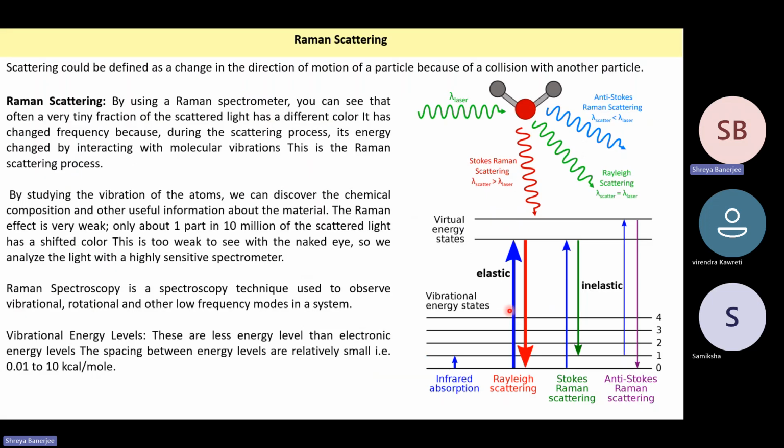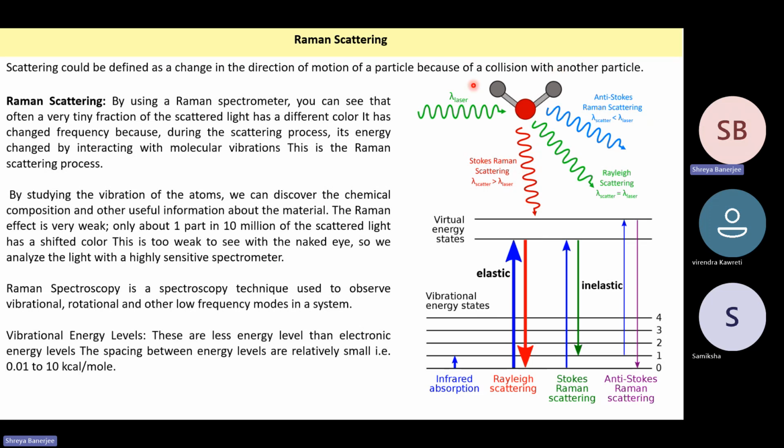So we have seen UV visible, fluorescence, FTIR spectroscopy. There is also Raman spectroscopy. Basically, suppose the absorbed energy and the released energy are the same, then it is called Rayleigh scattering.